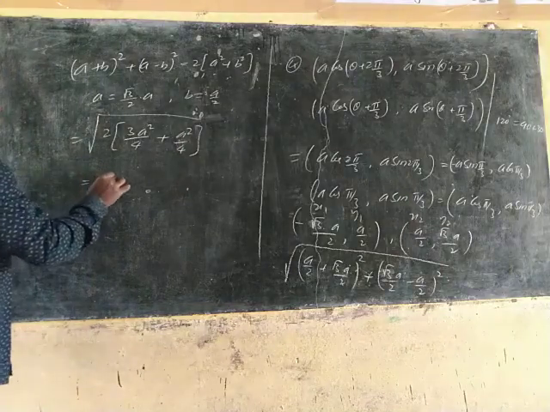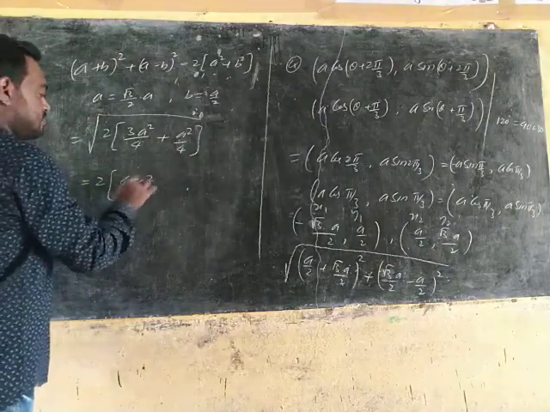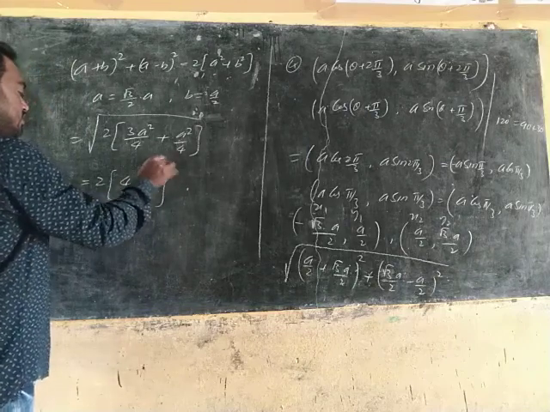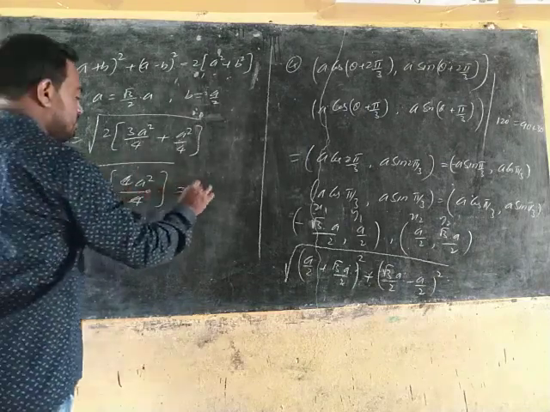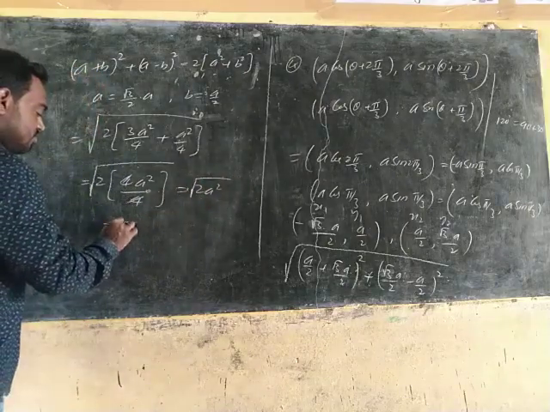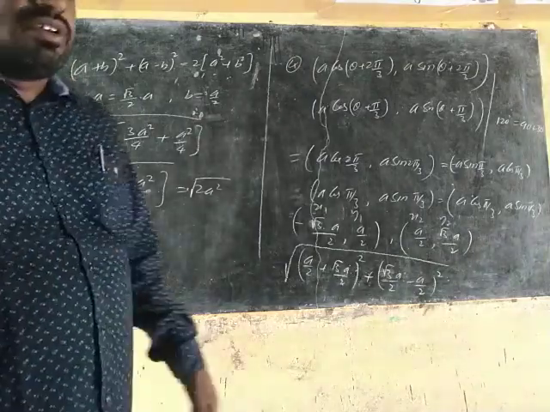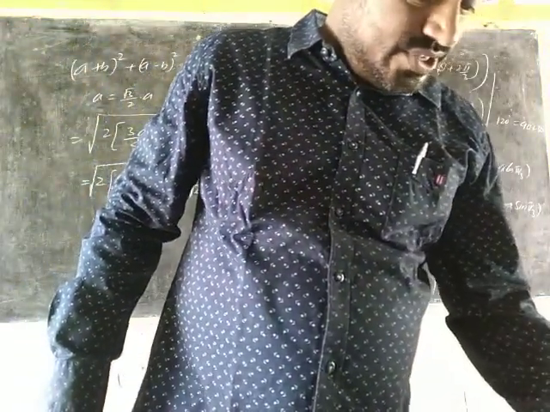So this is equal to 2 into total 4a square by 4, under root. 4 gets cancelled, 2a square under root. This is equal to root 2 into a, which is the answer. Root 2 into a is the right answer for this question.